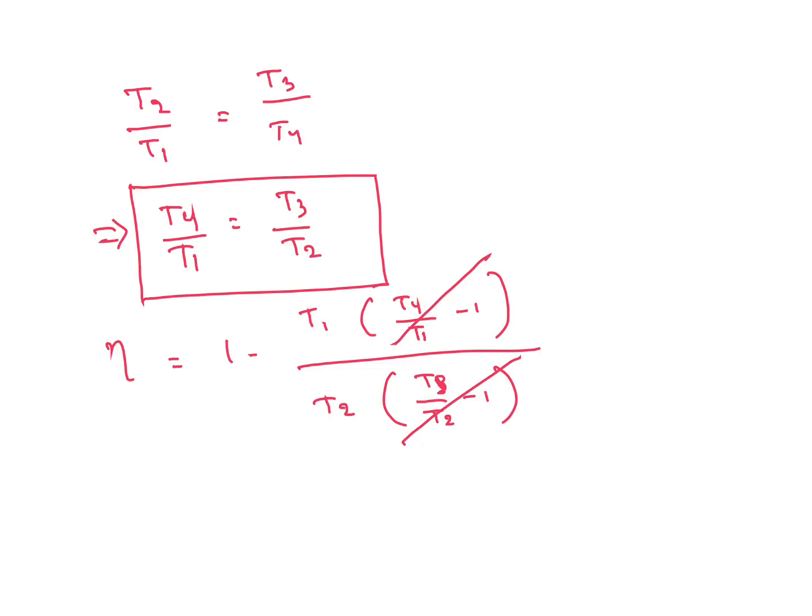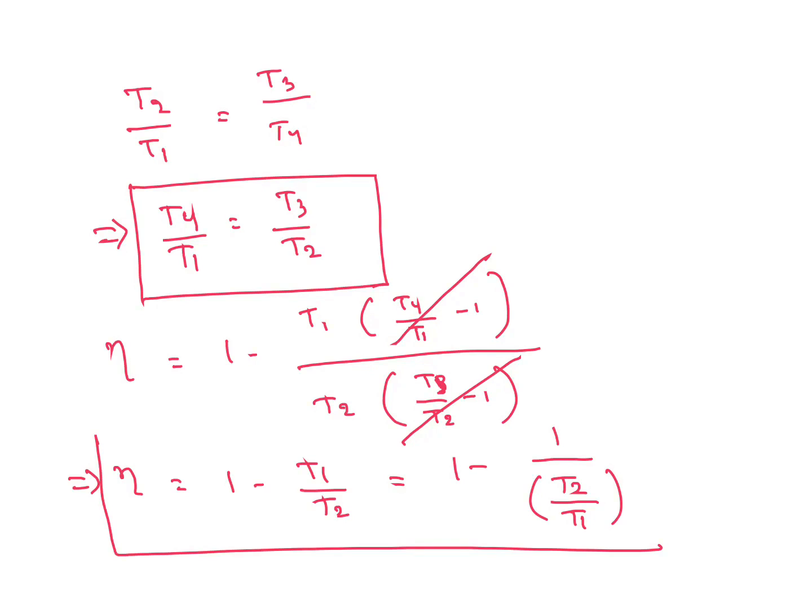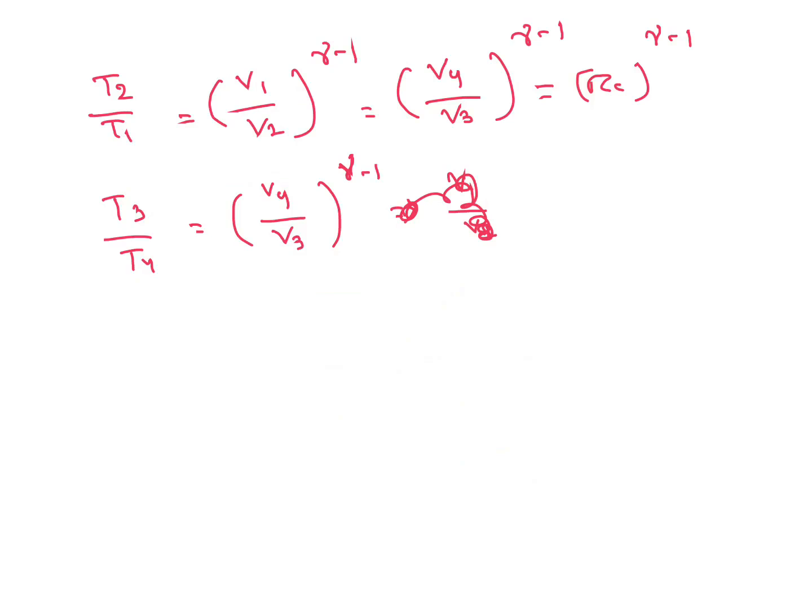So efficiency will be 1 minus T1 by T2, or we can write it as 1 minus 1 by (T2 by T1). From processes 1 and 2, T2 by T1 equal to (V1 by V2) whole to the power gamma minus 1, and V1 by V2 we already explained, V1 by V2 equal to V4 by V3.